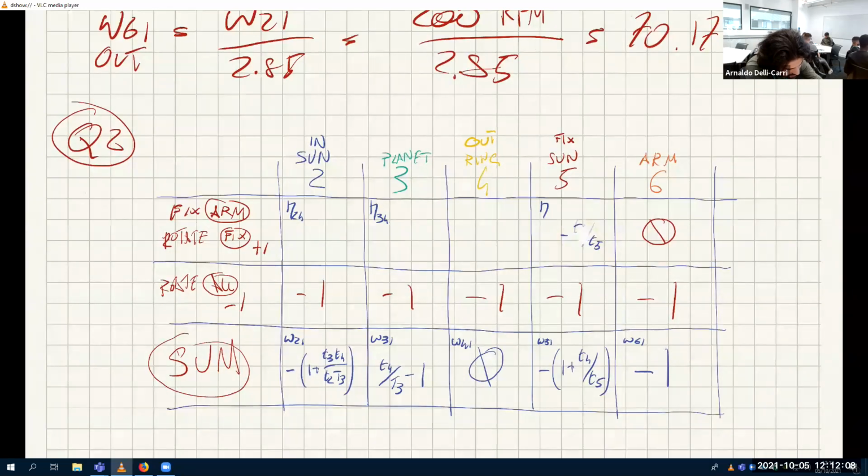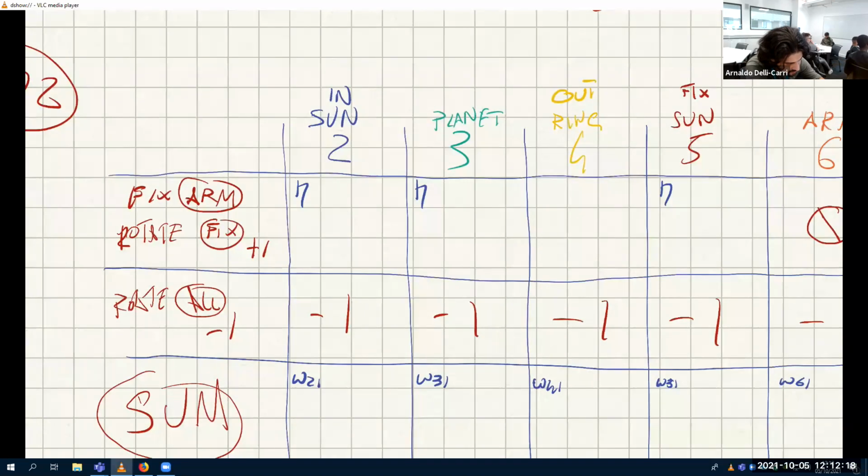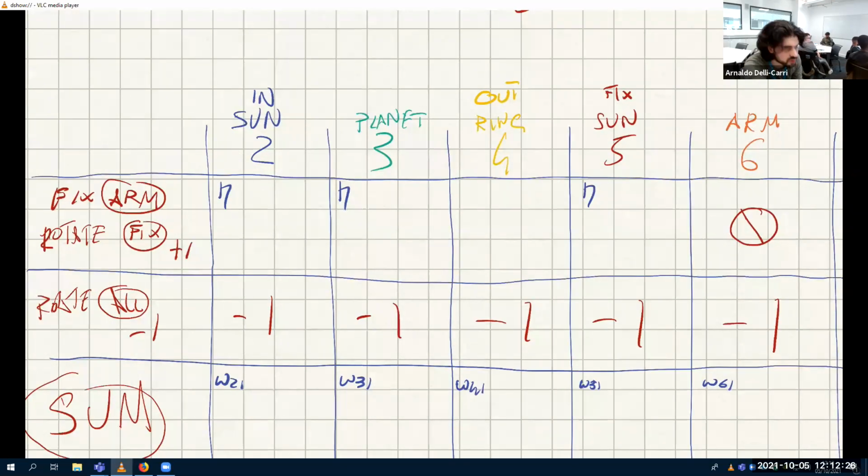And now the only thing that really changes is these etas. The fixed one is 5. Fix the arm and rotate what was fixed.